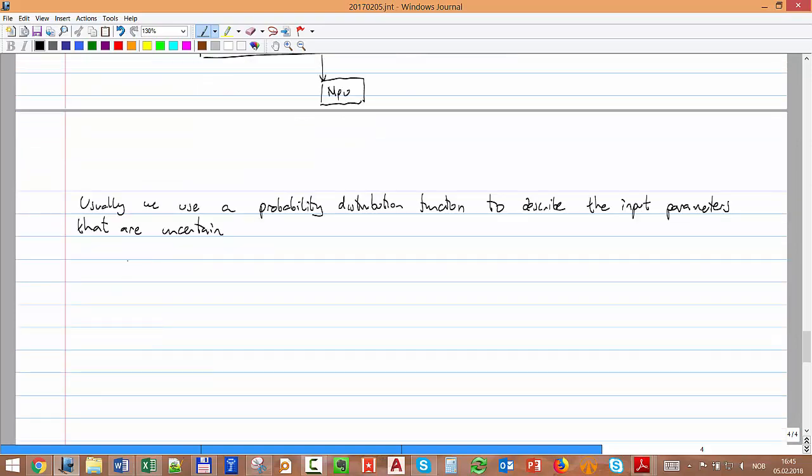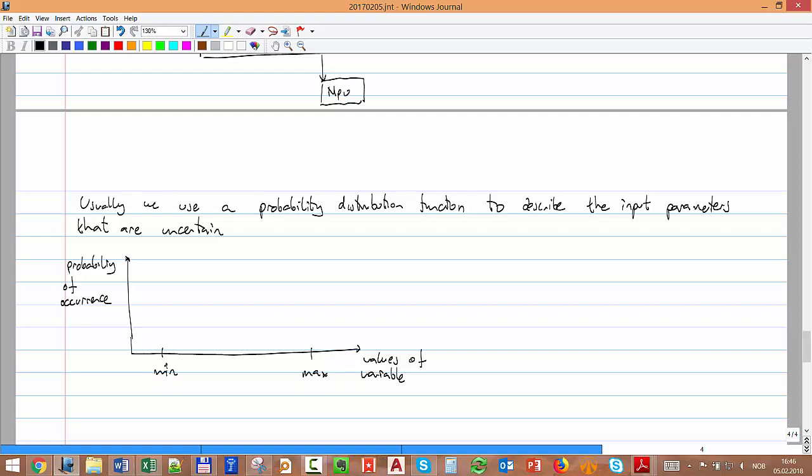And that basically just indicates in the y-axis the probability of occurrence, and in the x-axis the values of the variable. Okay? And you have the maximum and you have the minimum.